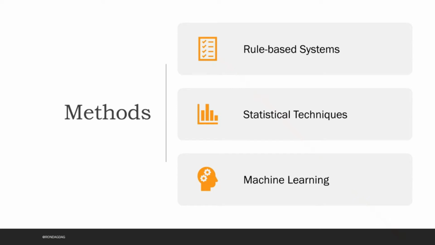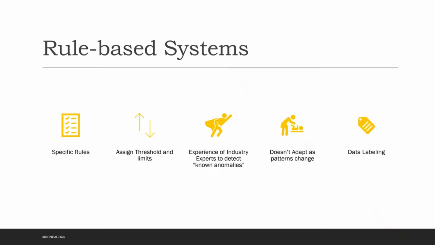It could be rule-based, it could be statistical techniques, it could be machine learning. Rule-based, most likely you do this already, where you specify different rules, right? If the temperature of your house goes above a certain limit or threshold, send an alert, or if it goes below a certain threshold.